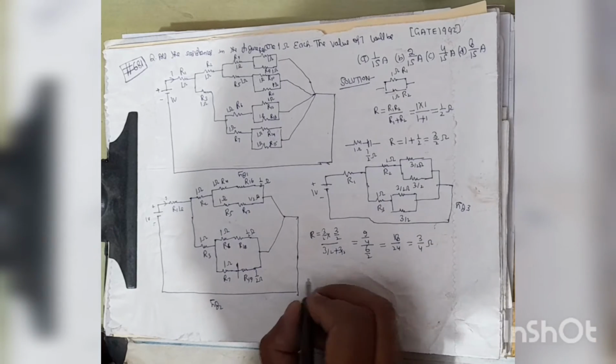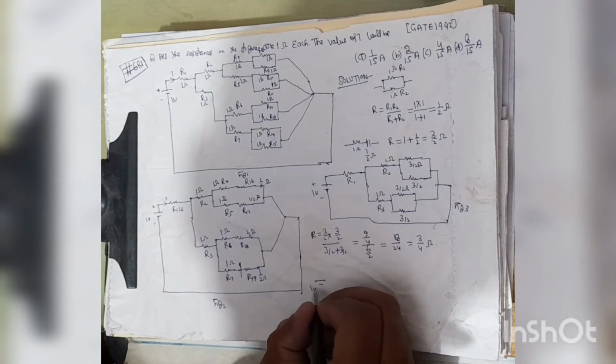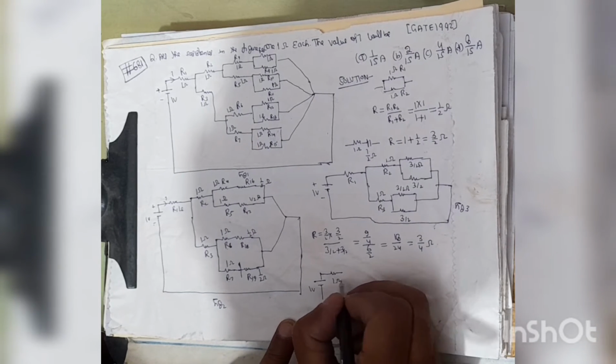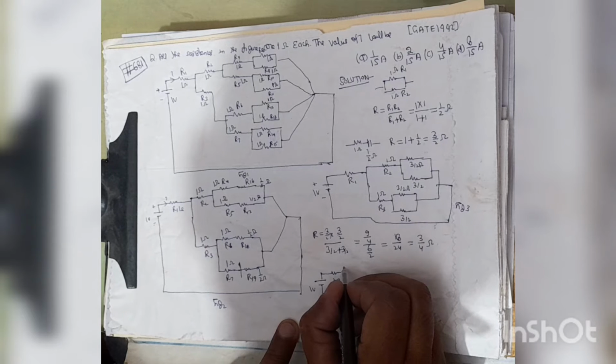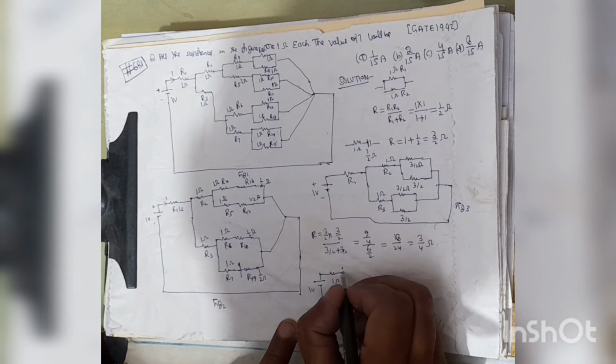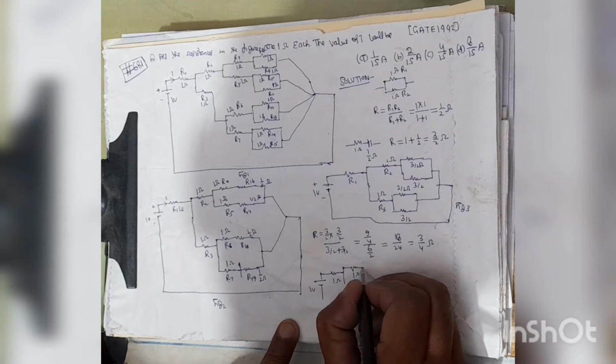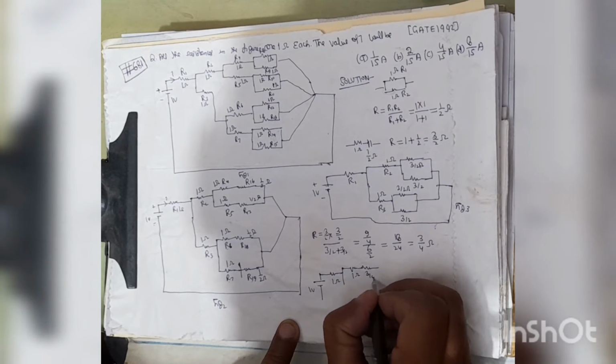So the given figure may be written as this is 1 volt, this is 1 ohm, and this will be 1 ohm, 1 ohm in series with 3/4 ohm.